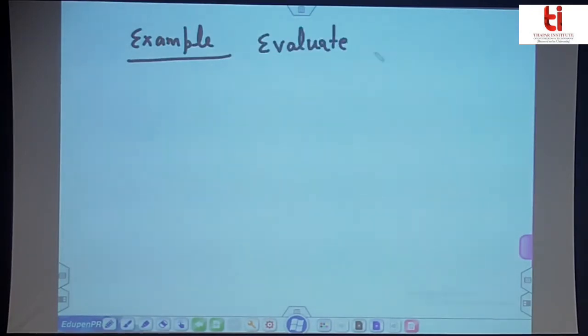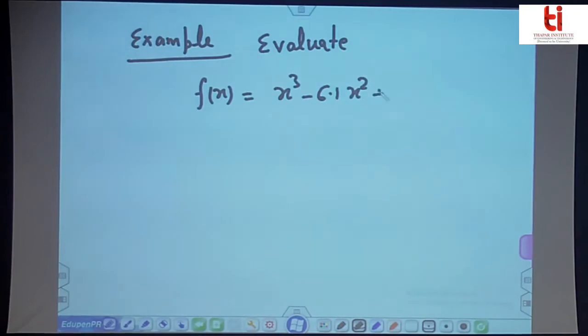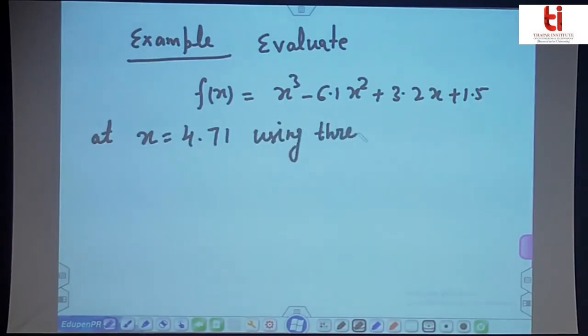Evaluate f of x equal to x cube minus 6.1 x square plus 3.2 x plus 1.5 at x equal to 4.71 using 3-digit arithmetic.